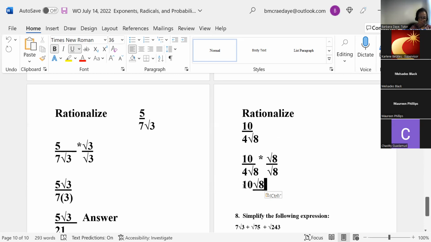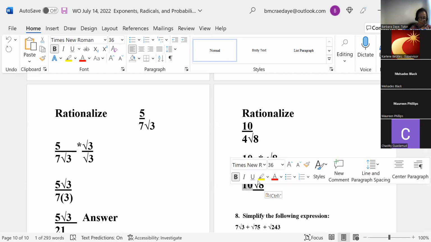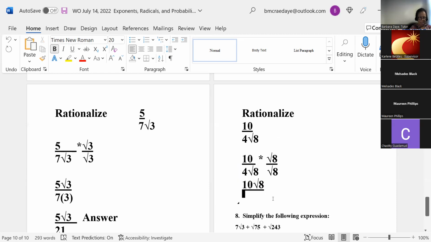No. Square root of 8 times square root of 8 is what? 8. So what do I have in the denominator? You're throwing away your 4? 4 square root 8. Square root of 8 times square root of 8 is what, Maureen? Is 1.